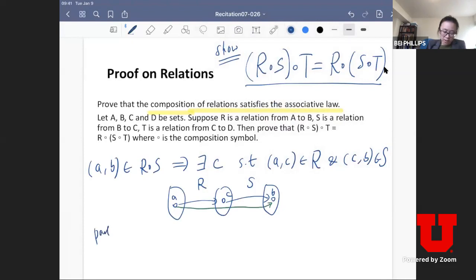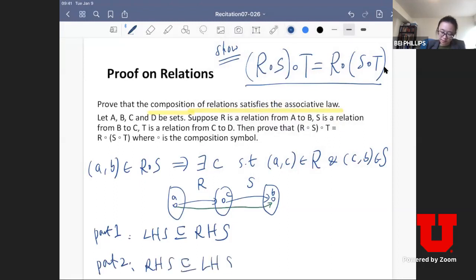If I want to prove the left-hand side is equal to the right-hand side, what do I need? I need part 1: prove the left-hand side is a subset of my right-hand side. Part 2: prove my right-hand side is a subset of my left-hand side. So for 1 minute, I want you to try to prove the left-hand side is a subset of the right-hand side.